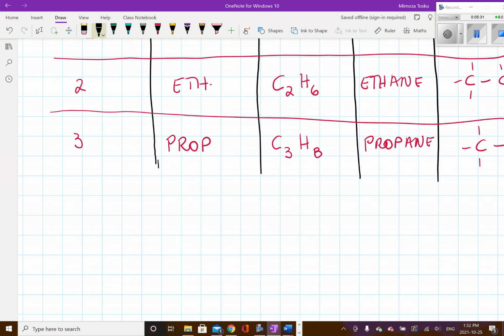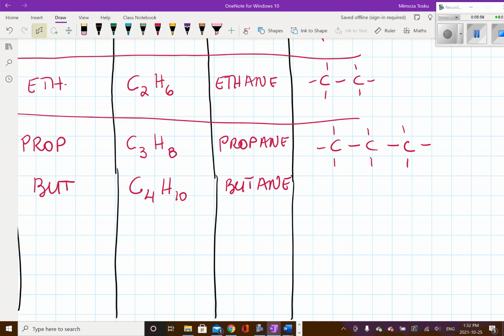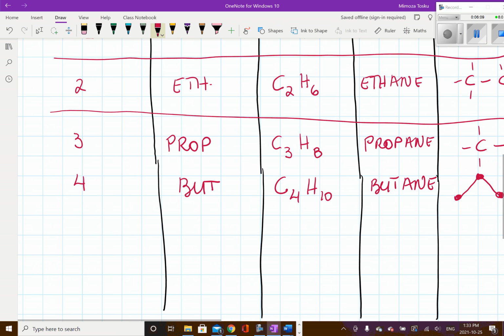The fourth one will be but, and the formula is C4H, 2 times 4 is 8, plus 2 is 10. Butane. And the line structure, if we are drawing it, will be something like this: 1, 2, 3, 4. Okay.